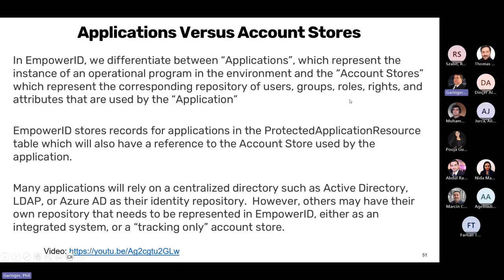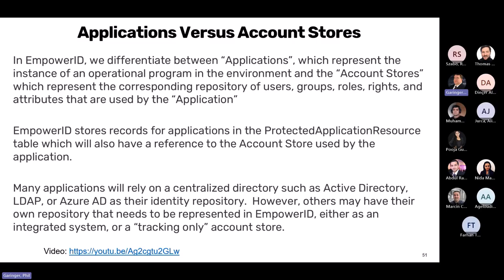Now, finally, we have a concept of applications. The important thing to remember is applications aren't systems in EmpowerID. You've got your application object, which is kind of that same extended definition type of thing. The application definition defines all the aspects of that application, what rights it can have, stuff like that.